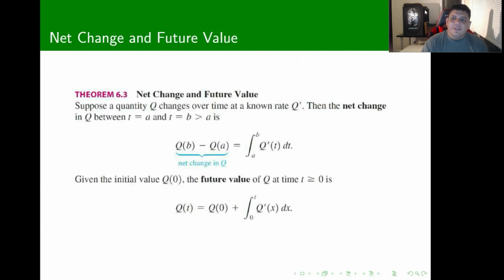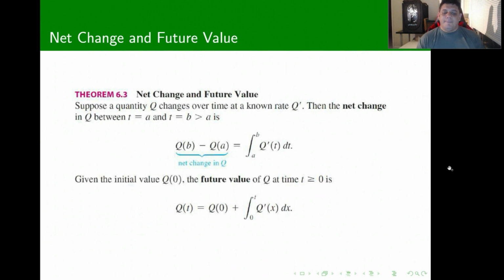Now, on these integral approximations, there's a more general situation that can be expressed, and that is the net change and the future value. In summary, the net change only checks what a certain rate of change is producing over an interval of time.